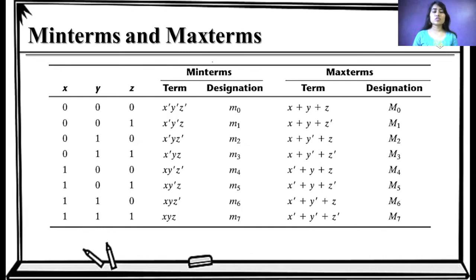For x is equal to 1, y is equal to 1, z is equal to 0, we have x dash plus y dash plus z. Then for x, y and z all equal to 1, we have x dash plus y dash plus z dash, as 1 is represented in max term in inverted form.